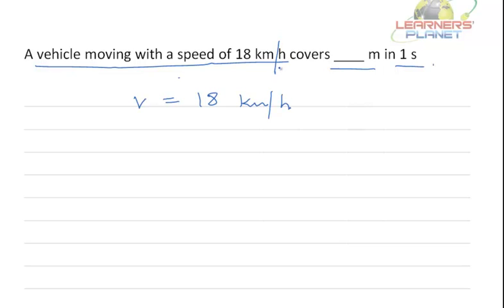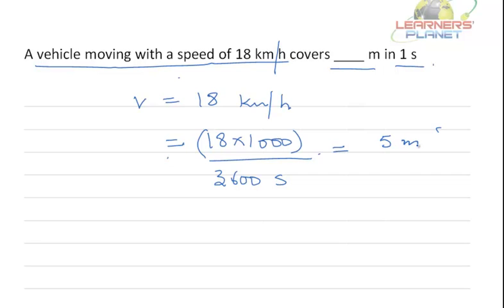To convert it into meter per second, we have to write kilometer in meters and hours in seconds, which will be 3600 seconds. So if you calculate this, what you're going to get is 5 meter per second. That means it covers a distance of 5 meters in 1 second.